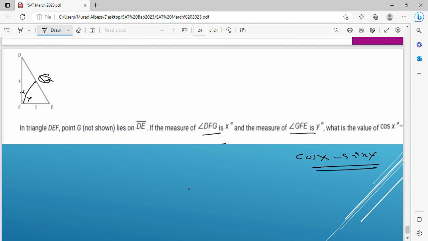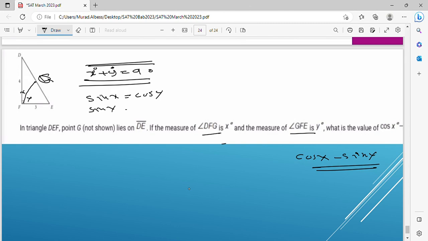Now, if we look carefully at these two angles, the total of these two angles is 90. And we have a main rule here. If we have two angles whose total is 90 degrees, then the sine of the first angle is equal to the cosine of the other angle, and the sine of the second angle is equal to the cosine of the first angle.